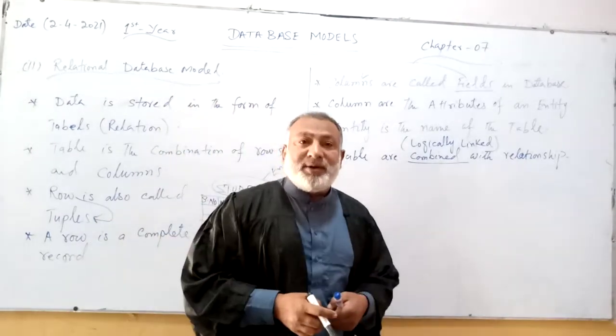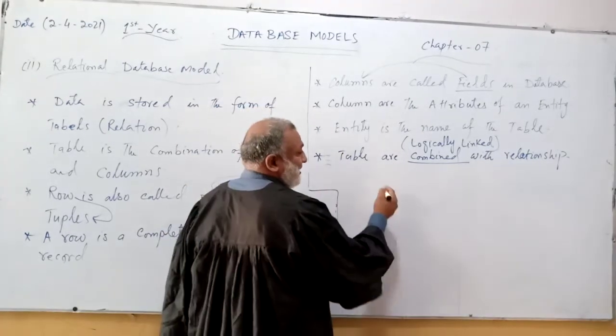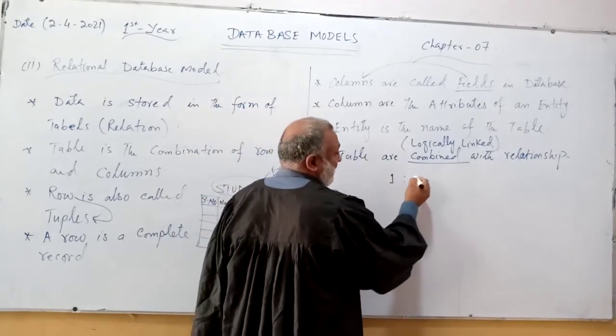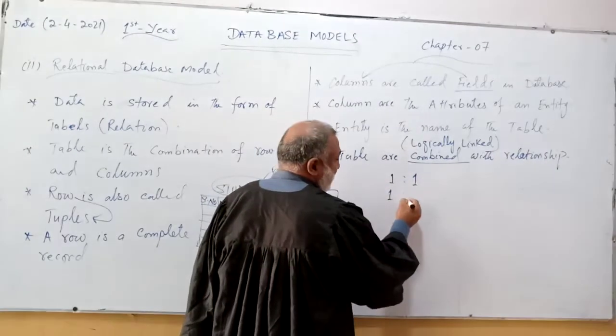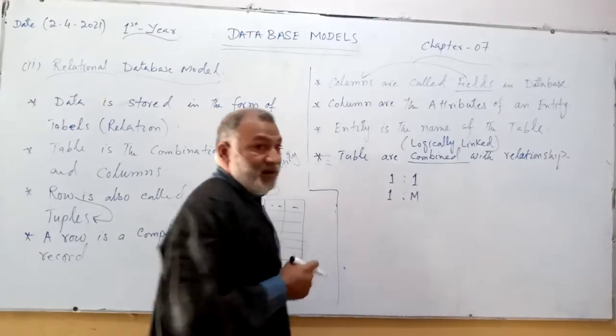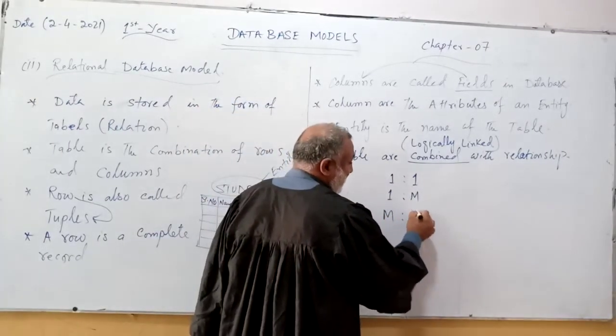elaborate in the coming lectures, but shortly I will tell you here that, for example, two tables can have a relation, so there can be a one-to-one relation, there can be a one-to-many relationship, and there can be a many-to-many relationship.